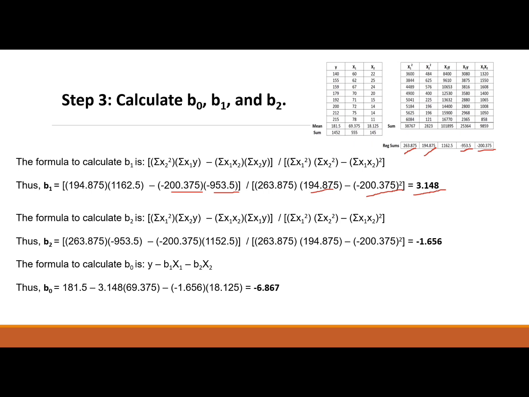Next, we have the formula to calculate B2. Following the same formula as what we calculated in B1, we get a total of B2 of negative 1.656.